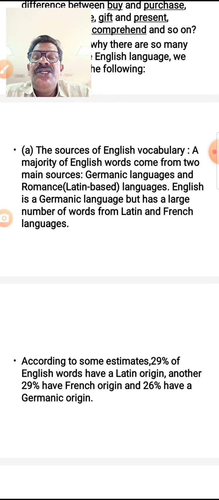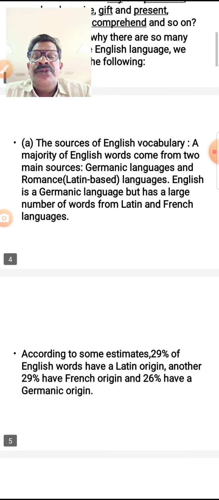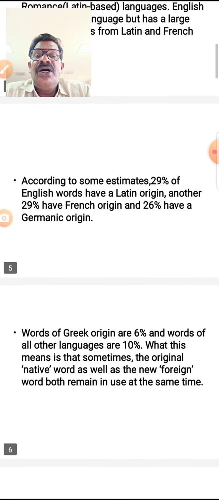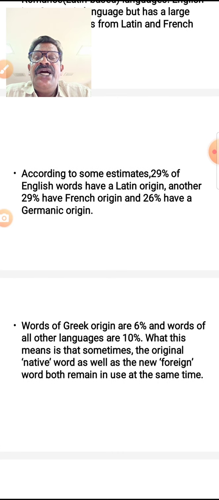So English is a Germanic language but has a large number of words from Latin and French languages. So here, though English is a Germanic language, a large number of words have been borrowed from Latin, either from Latin or from French languages. Right. Then next, according to some estimates, 29% of English words have a Latin origin.